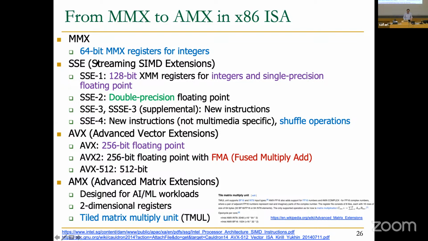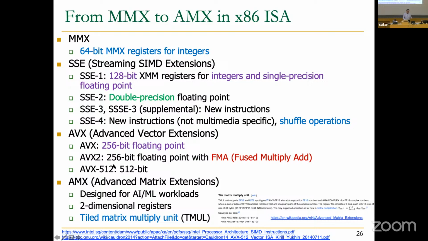I will not go through this, and you don't need to clearly know all of this, but initially you had 64-bit MMX registers. Over time, Intel changed their names, like streaming SIMD extensions, for marketing purposes, etc. Basically, they added a lot of new instructions, like shuffle operations and double precision floating point operations, larger registers so that you can exploit parallelism.